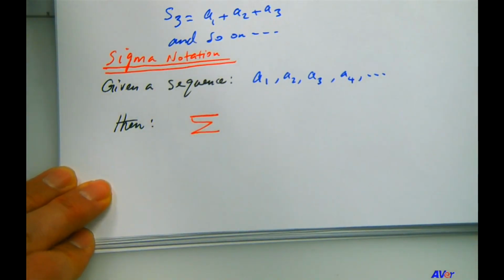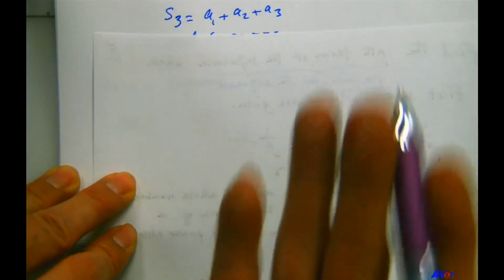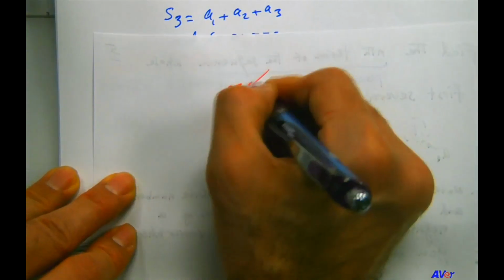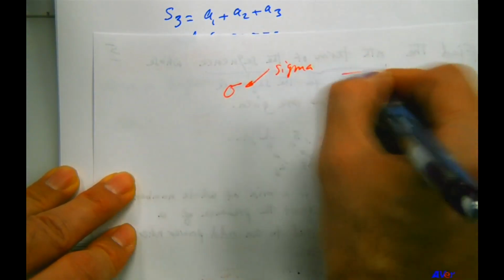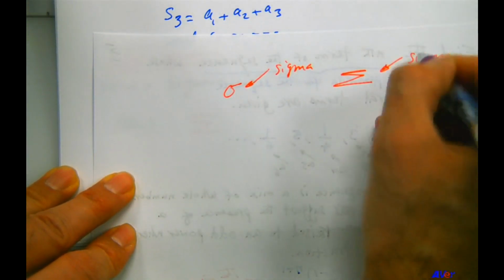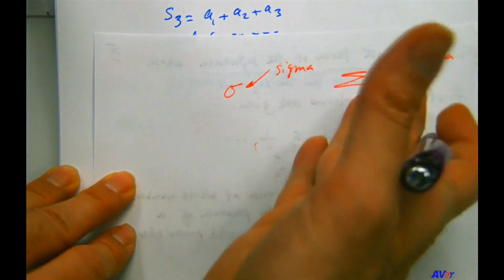Let me quickly write here. So on a piece of scratch paper here, I want to explain what this is. Because if you've taken statistics before this, you know that this letter is also called sigma. And now we're saying this letter is called sigma. Okay, so which is it? Is this sigma or that sigma?